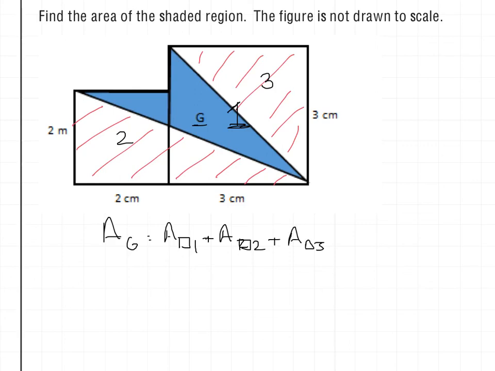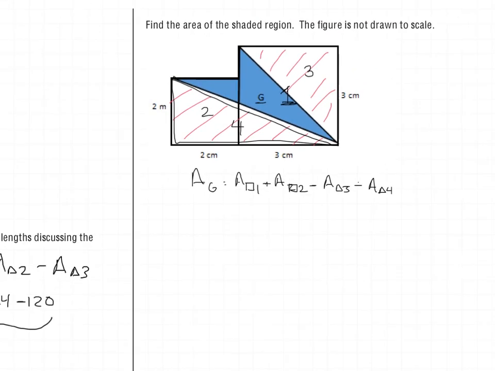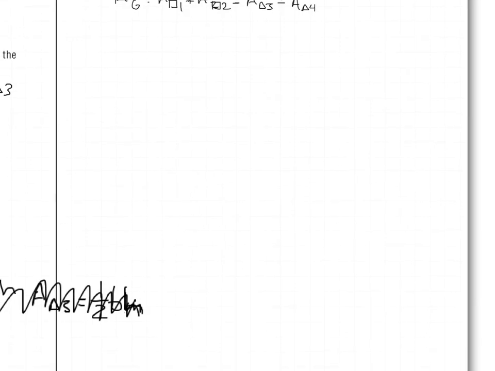And this triangle all the way through here, I'll call triangle 4. And those were areas that were taken away, so I'll represent those with subtractions. Alright, now we need to go through and find the area of each of these individual pieces.